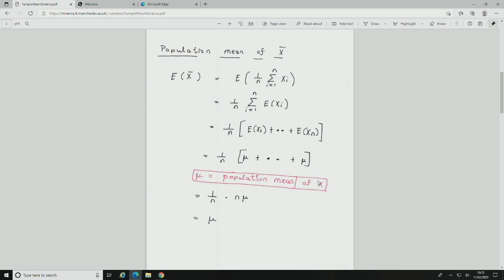Hence, using what is on the middle screen, the expected value of X bar is equal to a.